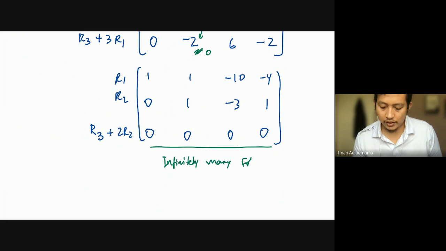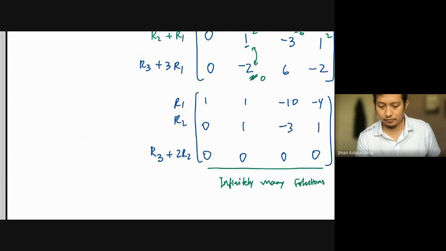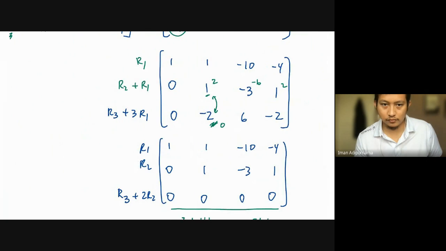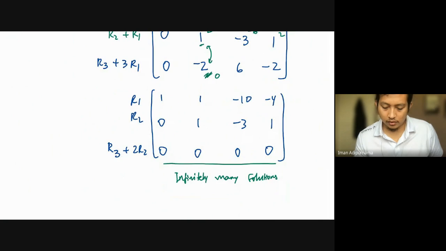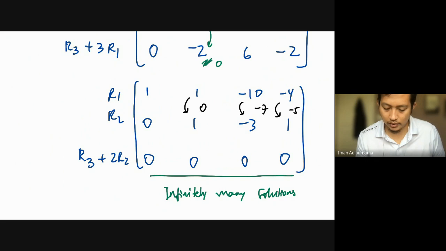But if you look at what is really happening, we can see in the equations, we still can solve this one. This minus, okay, it will be 1 minus 1 is 0. This will be negative 7, and this will be negative 5.